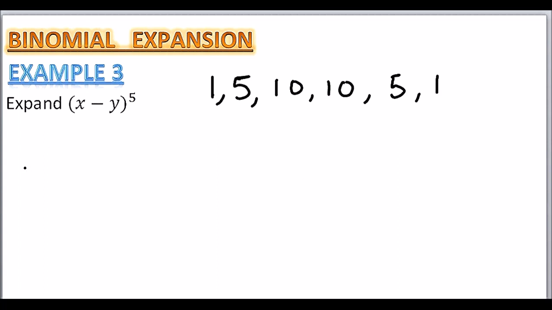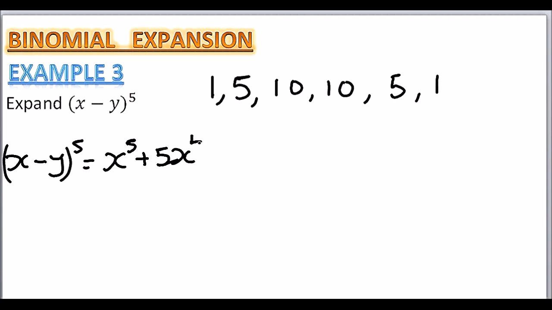So when we expand, x minus y in brackets raised to power 5 is equal to, we start with x raised to power 5 plus 5, the next coefficient, 5, x raised to power 4, and we have minus y, put the bracket.